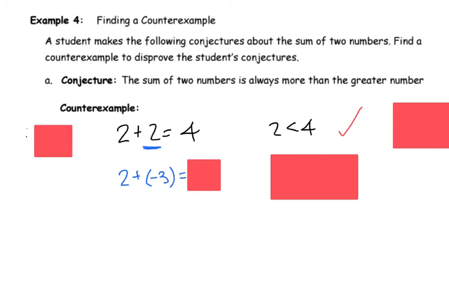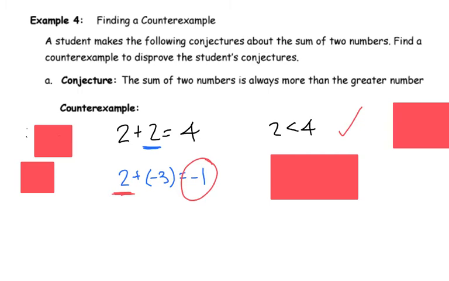So let's see if I pick another number. Now, nowhere in here does it say that we can't have a negative number. Okay? So I'm going to go with a positive and a negative number. 2 plus negative 3. 2 plus negative 3 is negative 1. Now, of the 2 numbers, 2 and negative 3, which one's the biggest? 2 is the biggest number here. So we're comparing the biggest number, which is 2, with the answer, which is our sum, okay?